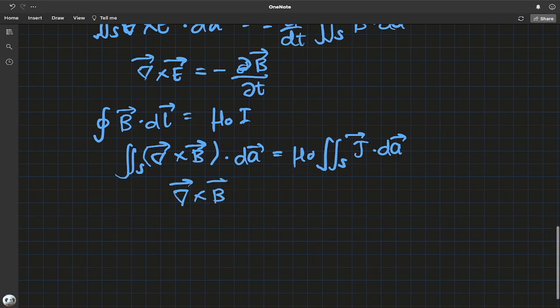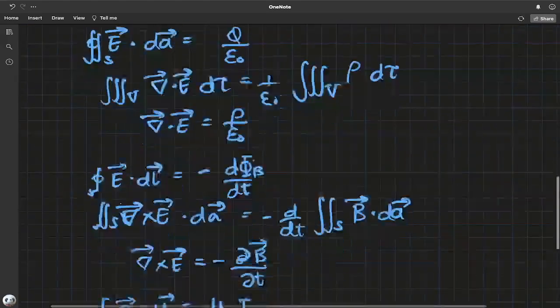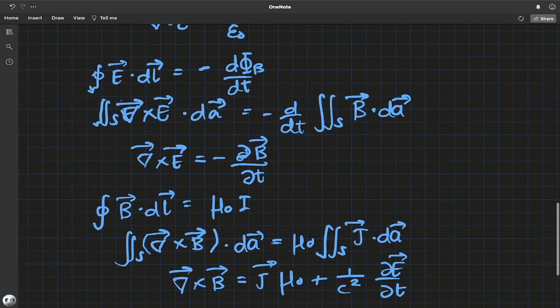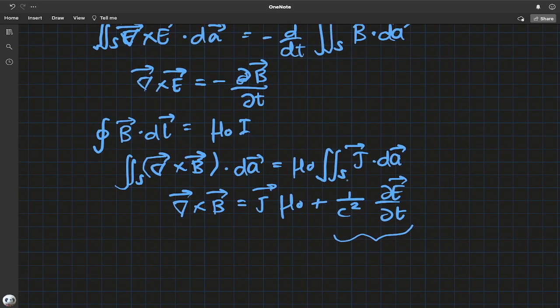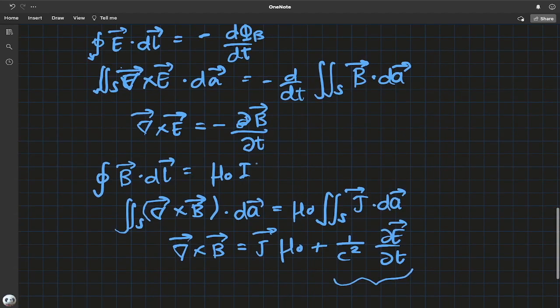So we get these nice clean differential forms of Maxwell's equations. Of course, in this one we have this correction factor, 1 over c squared partial E with respect to t, and this is the displacement current term that was put in by Maxwell. I just used Stokes' theorem on Ampere's law. Ampere's law did not have that term initially.